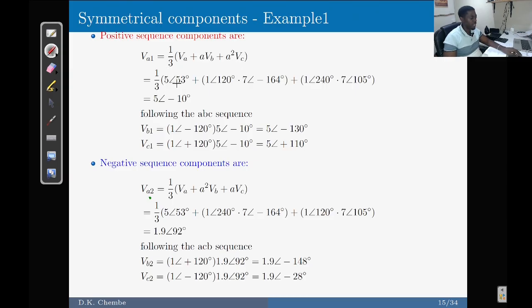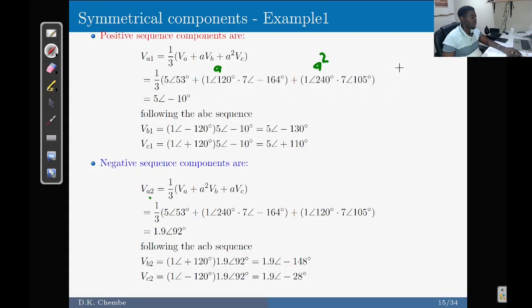So we get our VA plus our a, which is 1 at angle 120 degrees, multiplied by VB, and our a² is 1 at angle 240 degrees, multiplied by VC, and we get our component.